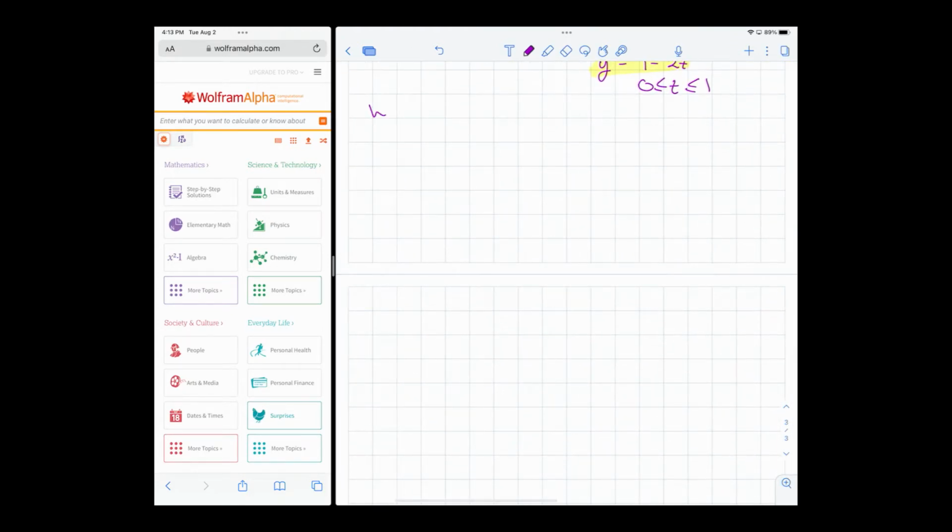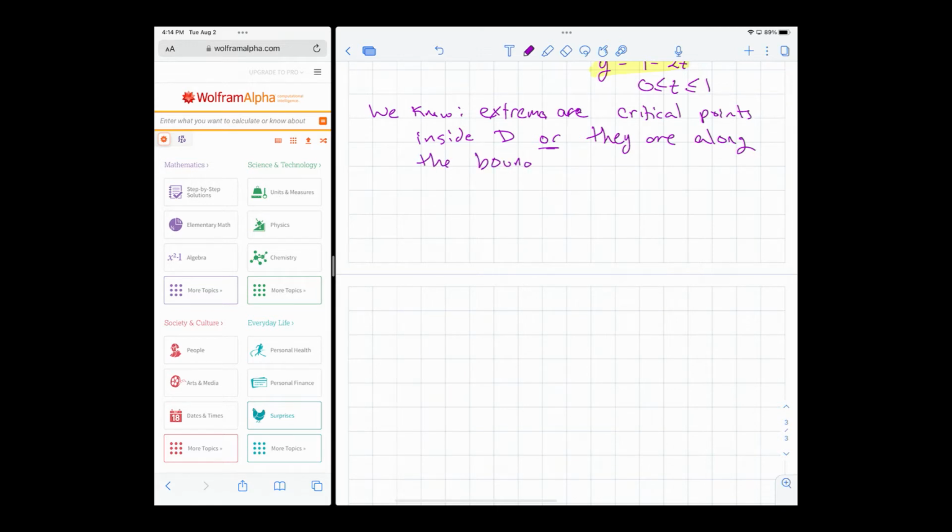We know extrema are either inside of D at critical points, or they are along the boundary, which is why I went through all the trouble of parameterizing that curve.